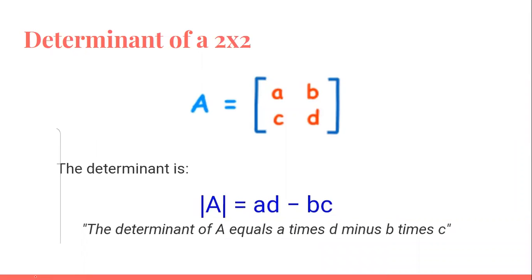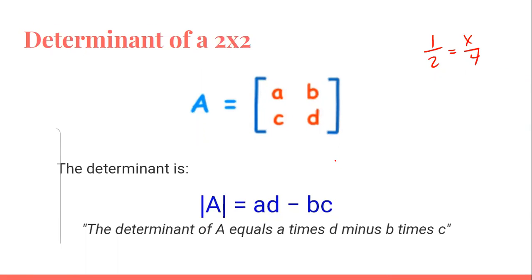Determinant of a 2 by 2. The determinant of a 2 by 2 is fairly simple. Do you guys remember how to solve a proportion? If you had 1 over 2 equals x over 4, y'all remember this guy?